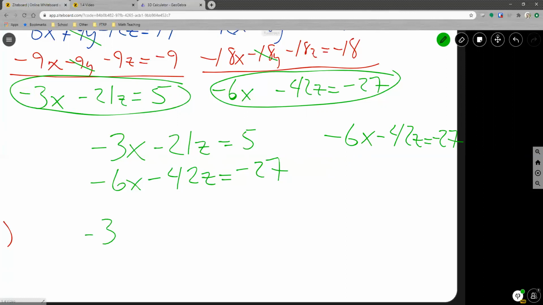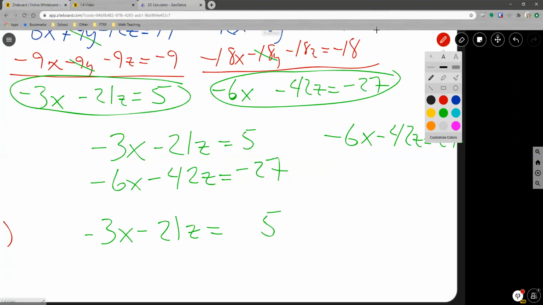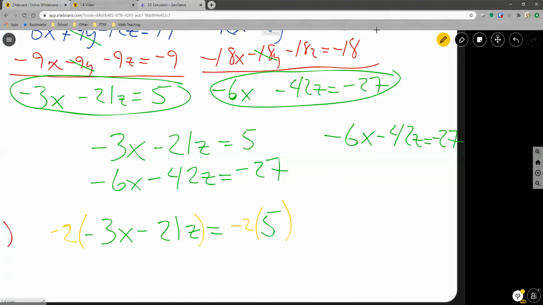So what I'm going to do is take that top equation, which has the negative 3x, and multiply it to get positive 6x. Well, to do that, all I have to do is multiply by negative 2 on both sides of the equation.